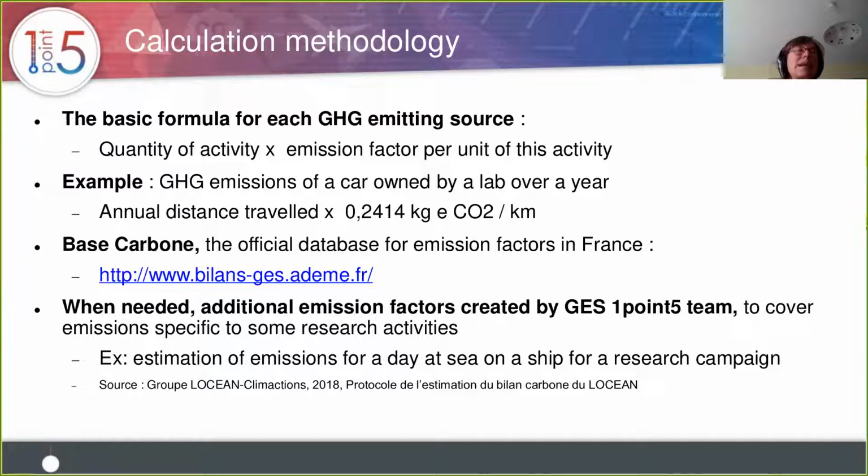I give you an example with the greenhouse gas emissions of a car that is owned by a laboratory. What are these emissions over a year? We need to get the annual distance traveled by this car and multiply it by the emission factor of 1 kilometer driven by a standardized car in France, which is 241 grams of equivalent CO2 per kilometer traveled.